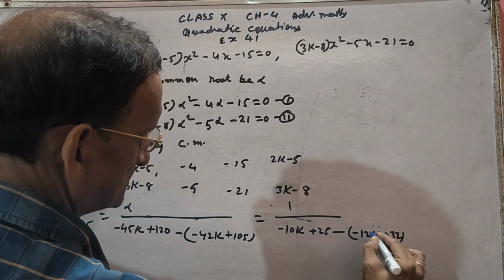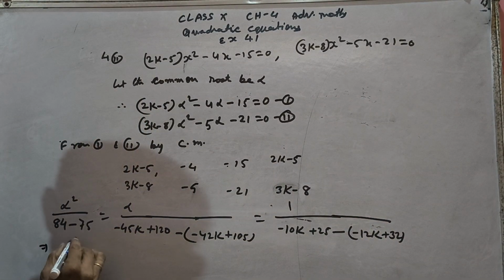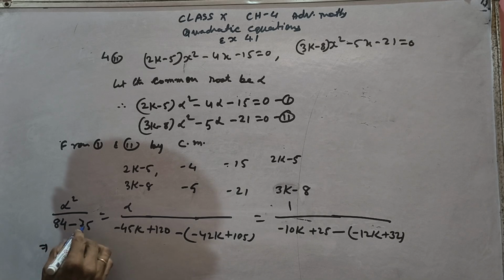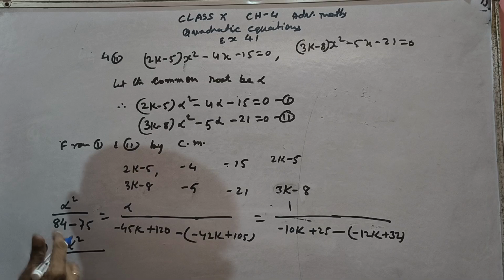Now simplify. Alpha square by 84 minus 75, that is 9.